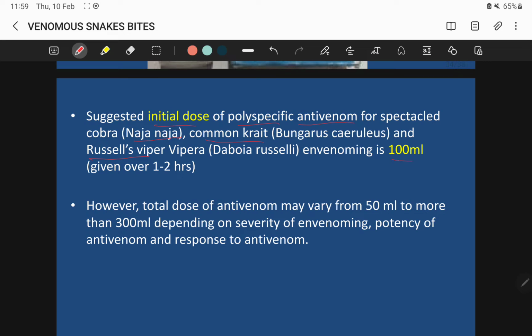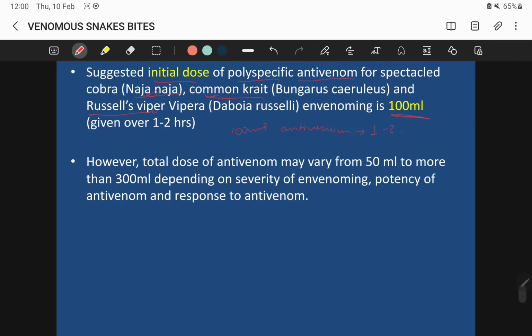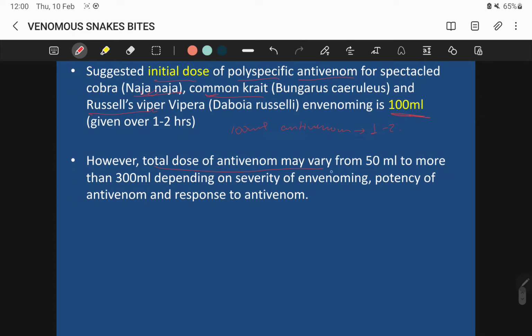It is 100 ml, given over 1 to 2 hours. For the common cobra, common krait and Russell's viper, only 100 ml of snake venom antiserum should be given. However, the total dose of antivenom may vary.